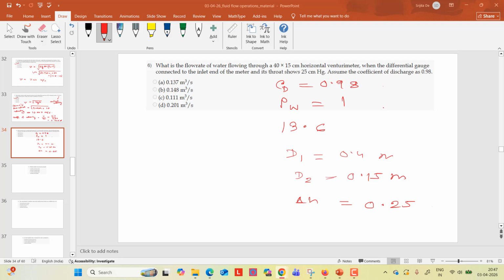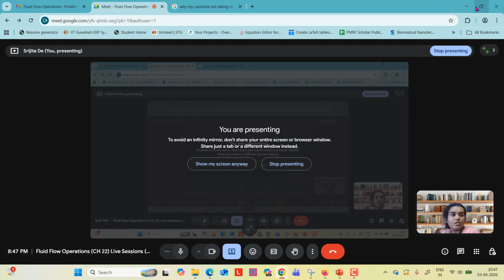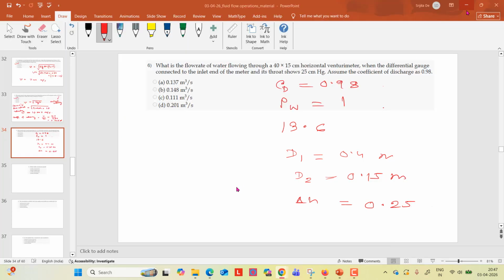So now we can calculate the pressure head from that equation. So the pressure head, delta P, is delta H into rho m minus rho water, right?